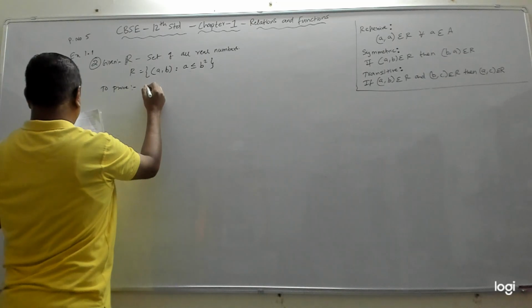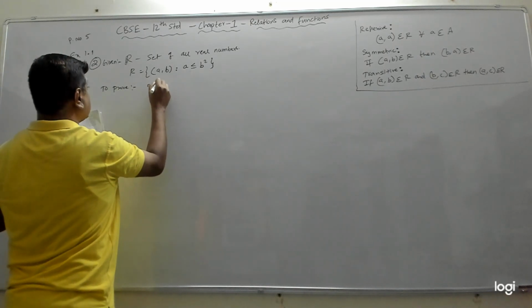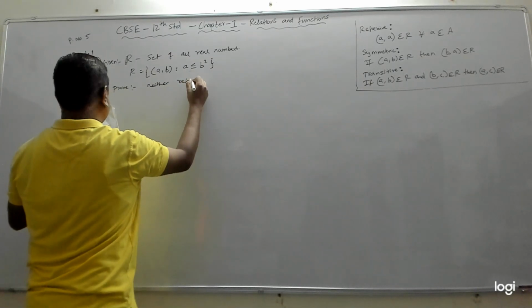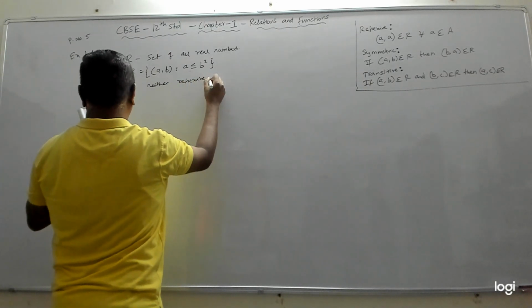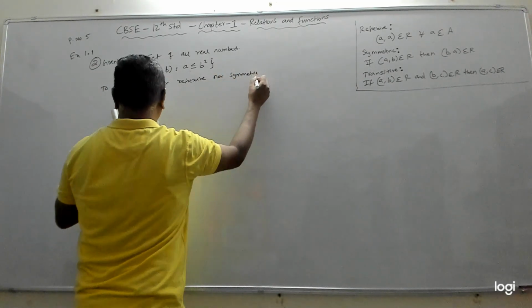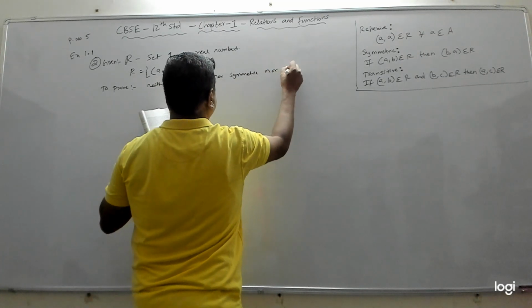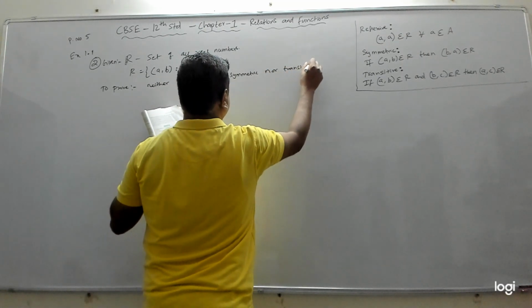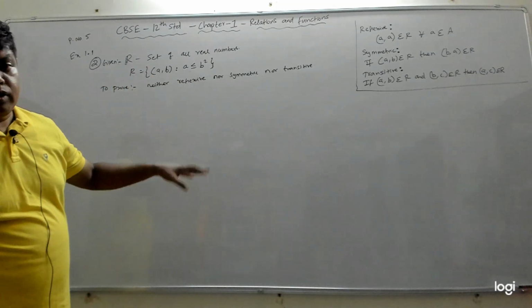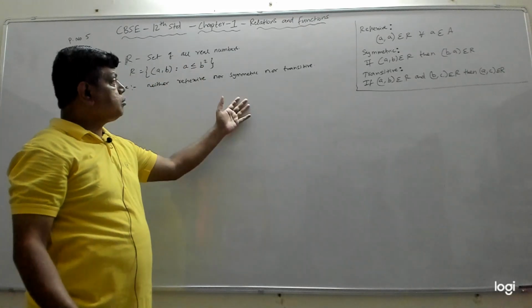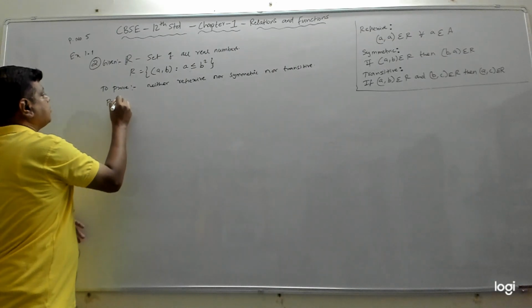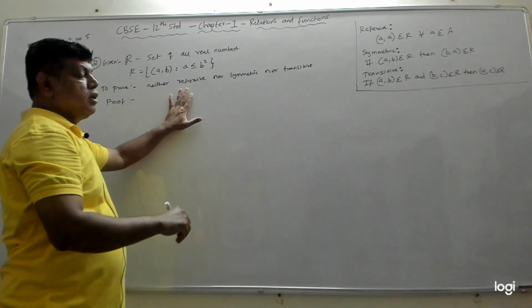So we should prove that it is not reflexive, not symmetric, and not transitive. So the proof is, first we should prove that it is not reflexive.